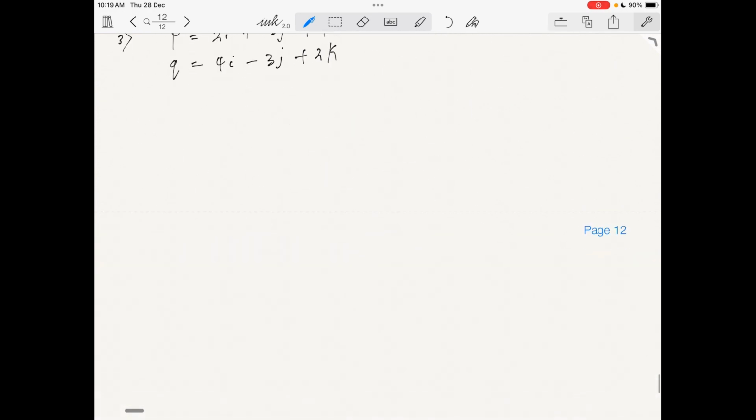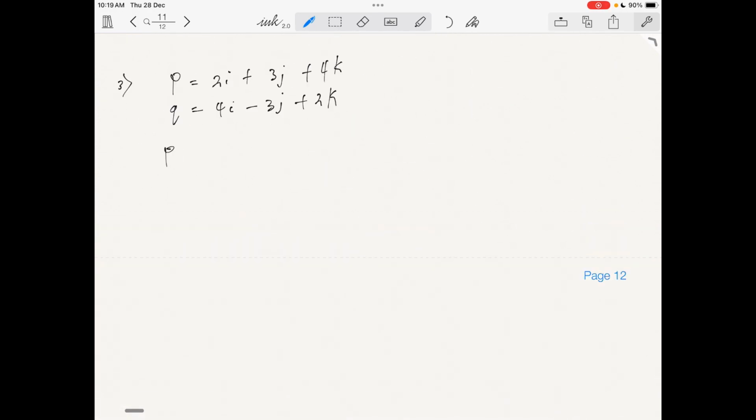Now we know that p dot q is equal to modulus of p times modulus of q times cos theta. Now our p dot q will be equal to the sum of the products of the individual components.